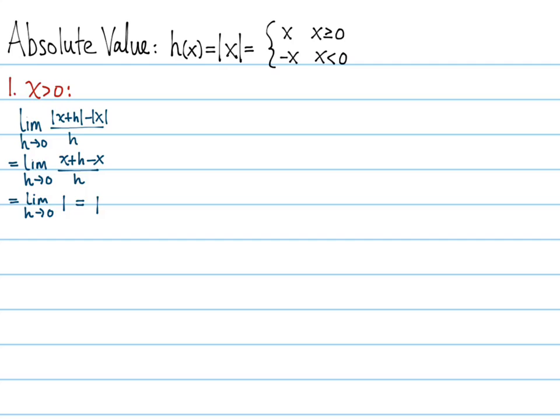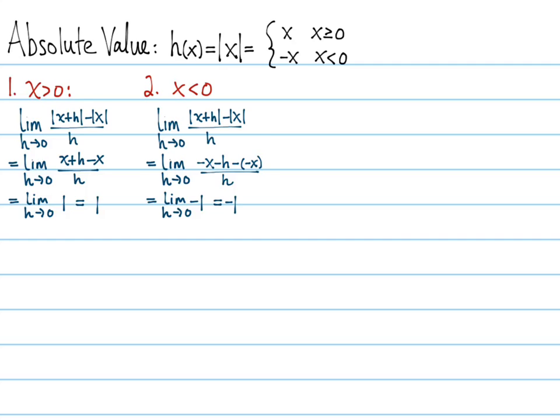Well, when x is positive and h is really small, x plus h is positive, so you can just get rid of the absolute value signs, and you get that the derivative for absolute value of x is 1 when x is positive. And likewise, you get that the derivative is negative 1 when x is negative. And you can see why by looking at the graph.